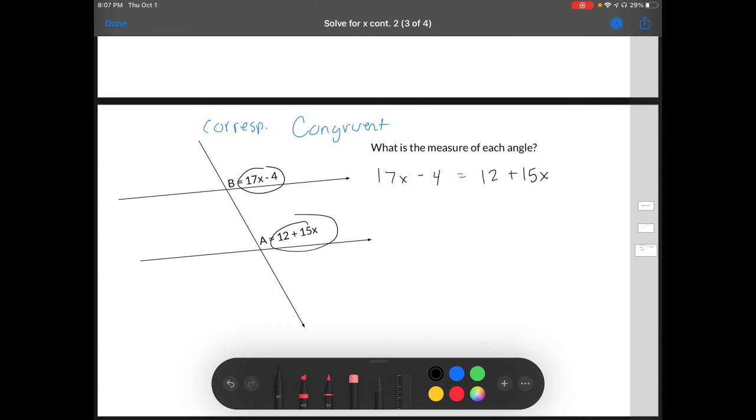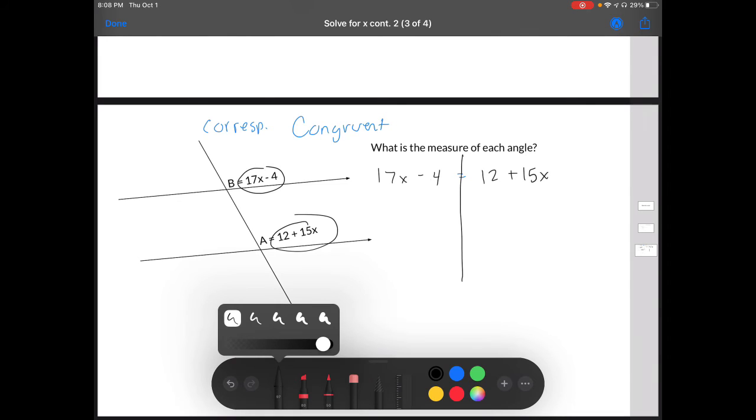So we're going to solve for x. First we check if we need to distribute, which we do not. Then we look for like terms, which are always on the same side. These are not like terms.